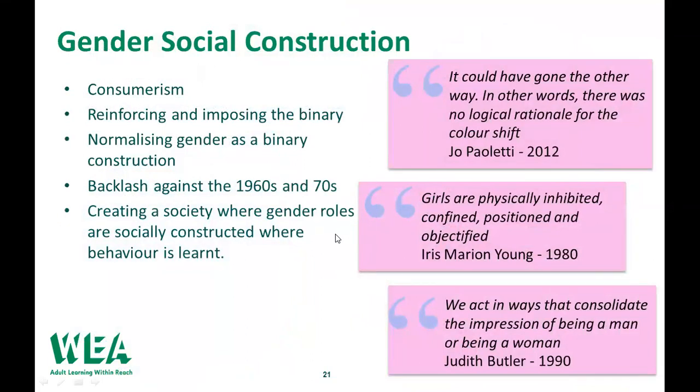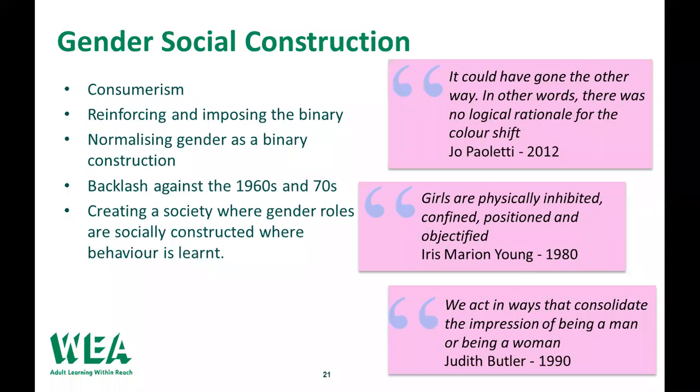So when we're talking about will children naturally favour different colours? The theory behind this is all about gender social construction. So when a baby is born, they don't have any favourite colours, so they're put in colours by their parents, by their clothing, and it's the way that parents will treat the children as well in terms of the words that they're using and the descriptions and the toys that they buy.